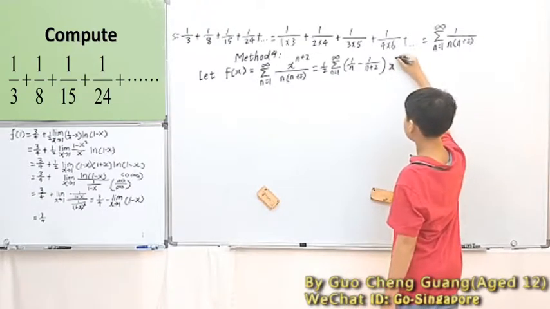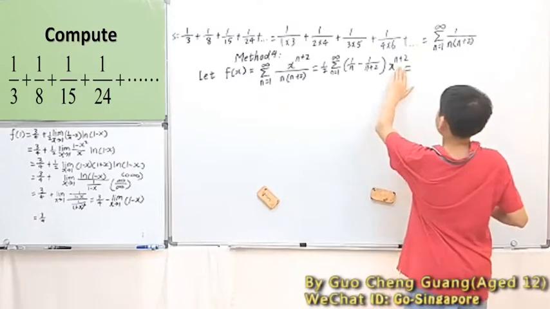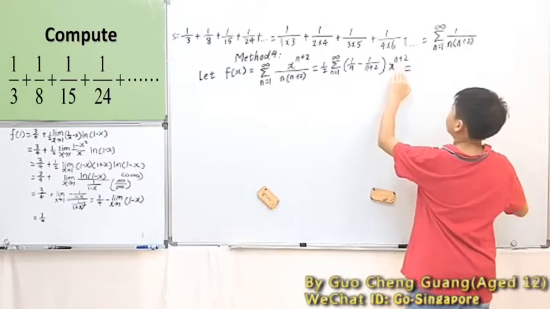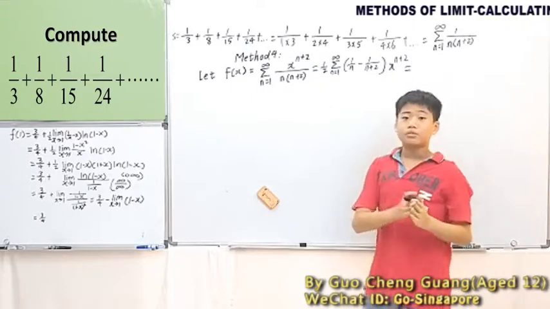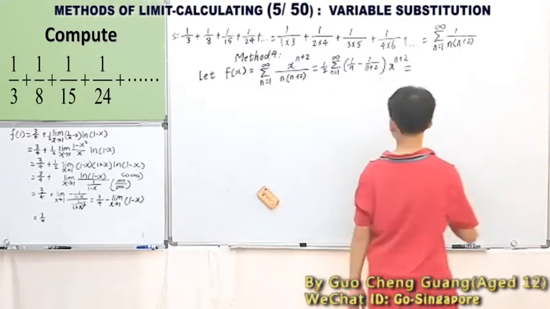At this part, you have x to the power of n plus 2. Now, you have this part. So what if we separate from one sigma into 2 different sigmas?